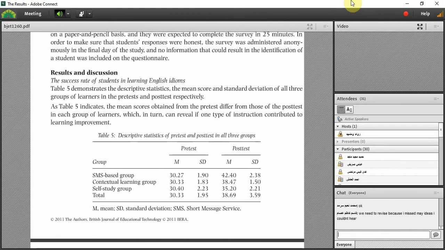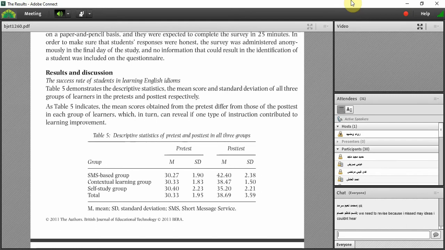The authors may use one heading for both, so in the first part they talk about the results and then they discuss the results. Okay, it depends. In other articles, we may have one heading, results, and then another heading, the discussion section.